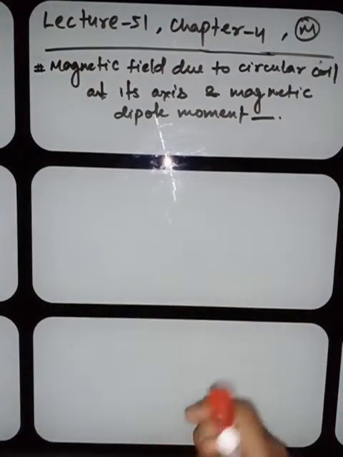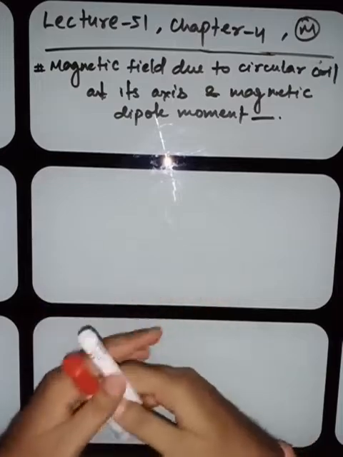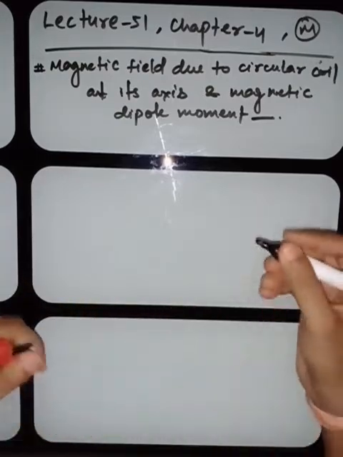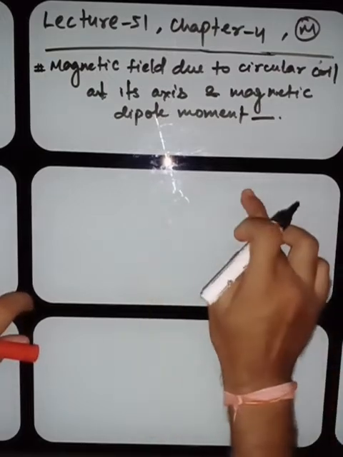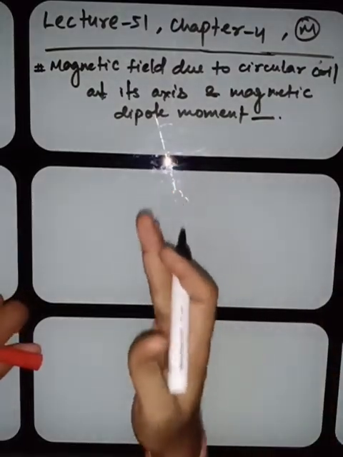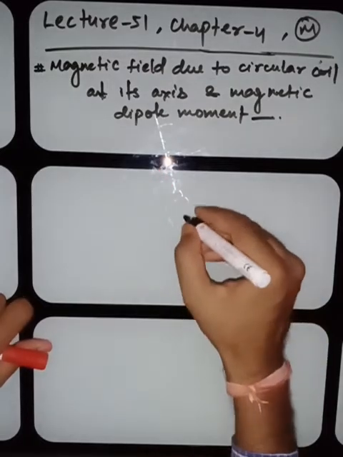Here, my student, I am going to place a conductor not in this way, but in side view. You will be able to see the side view, remember, like this one.